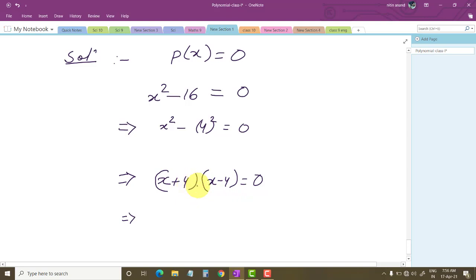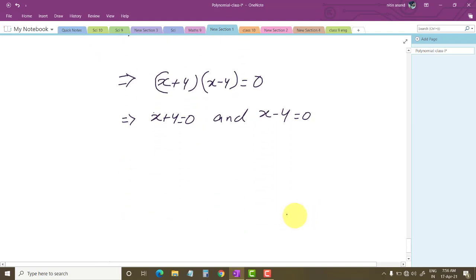Now see carefully, this side is a product of two numbers. If the product of two numbers is 0, then either the first number is 0 or the second number is 0. If the first is 0, then x plus 4 equals 0, and if the second is 0, then x minus 4 equals 0.